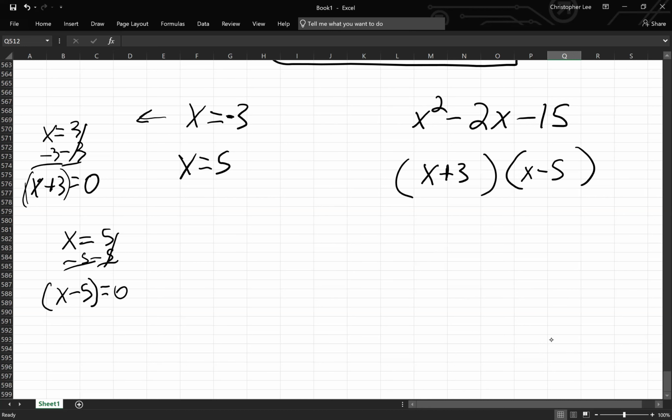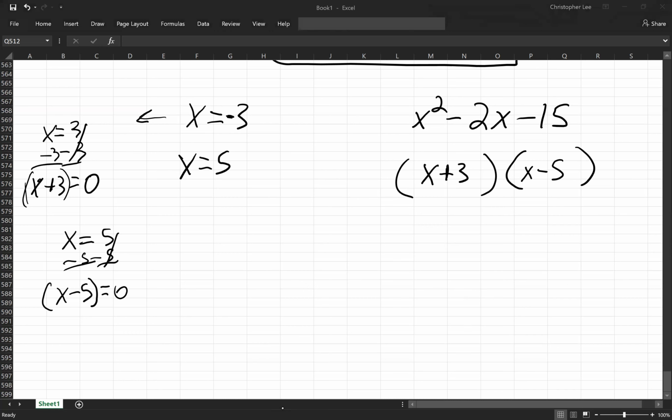It's also on your formula sheet. If you'd rather do completing the square, go right ahead, do it. Give me the right answer. That's all I'm asking you for. And completing the square is on your formula sheet as well. You guys can take a look at that.